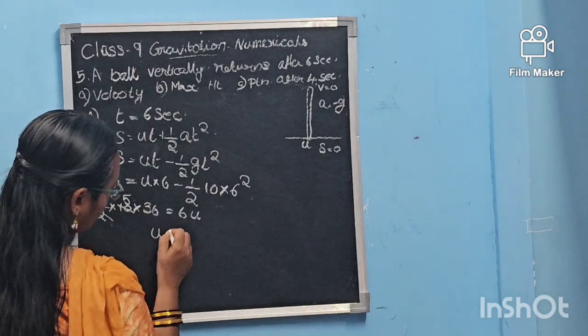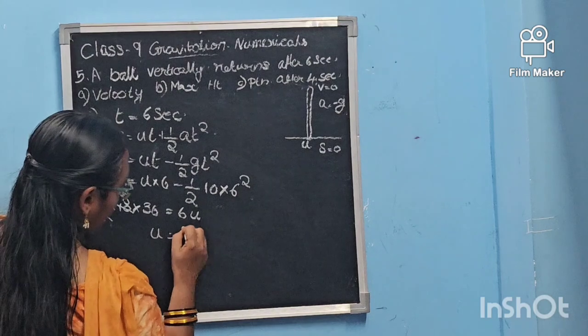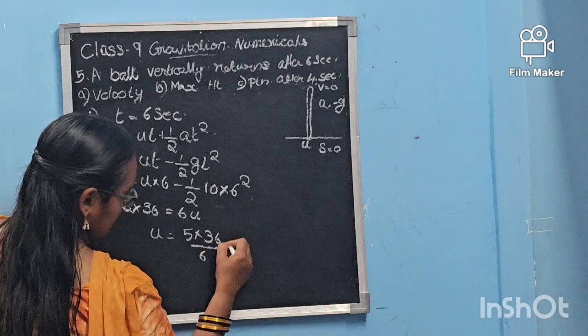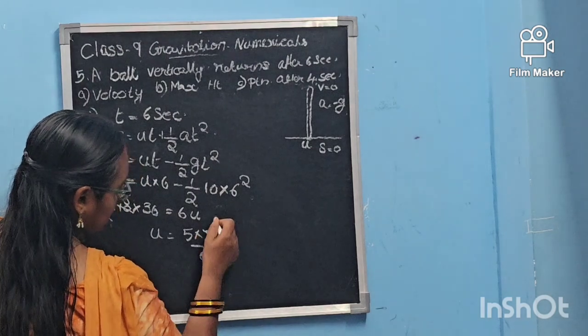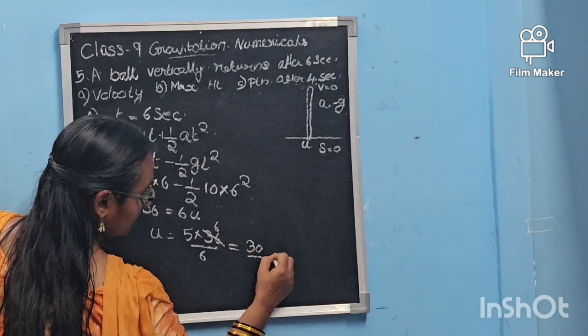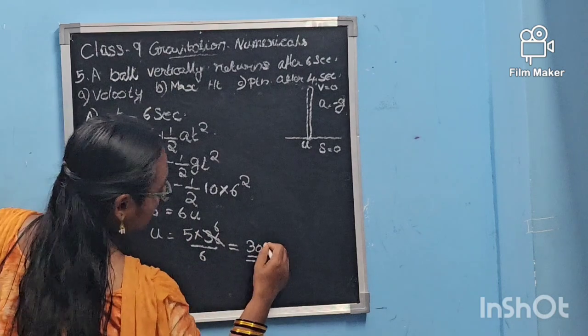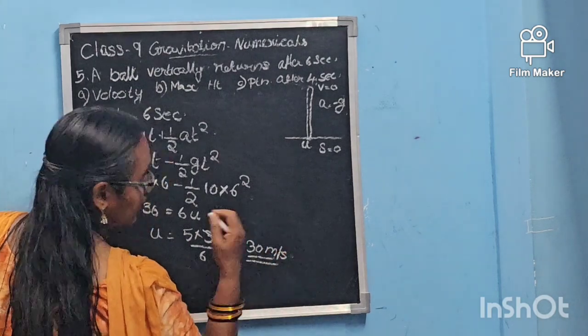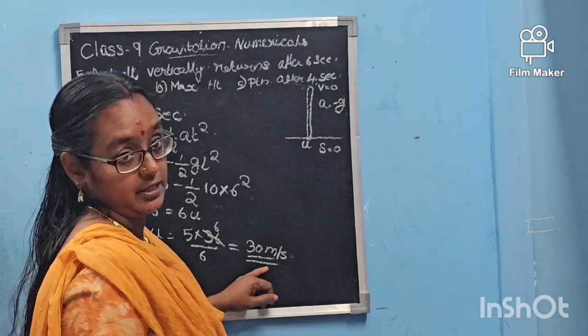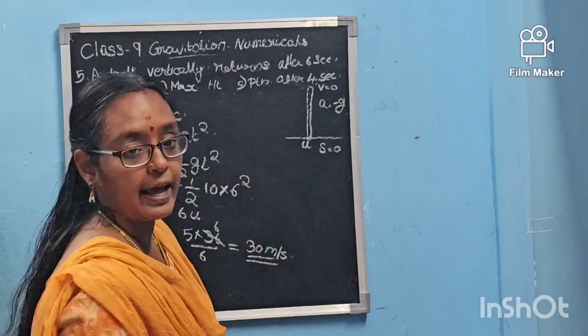So u is equal to 5 into 36 divided by 6, which is 5 into 6, is equal to 30. 30 meter per second. The ball is thrown with the initial velocity of 30 meter per second. Then only these things have happened.